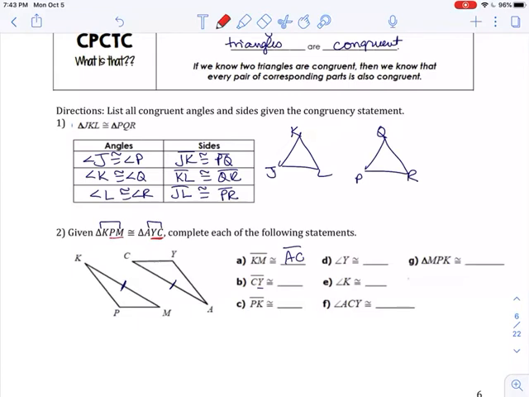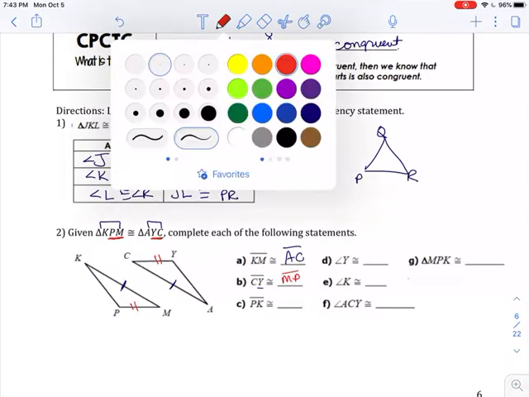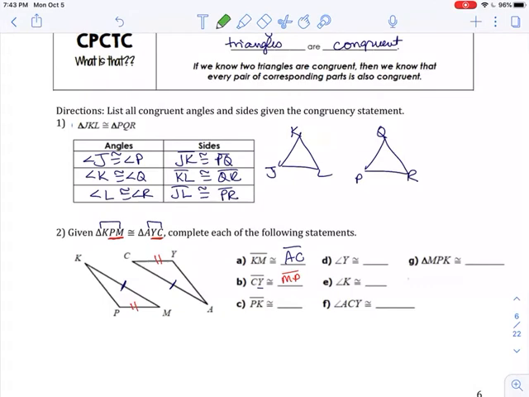Let's find CY. CY is the third and the second letter, so that would be congruent to MP. And then PK, the first and second letter, or second and first, would be congruent to YA.